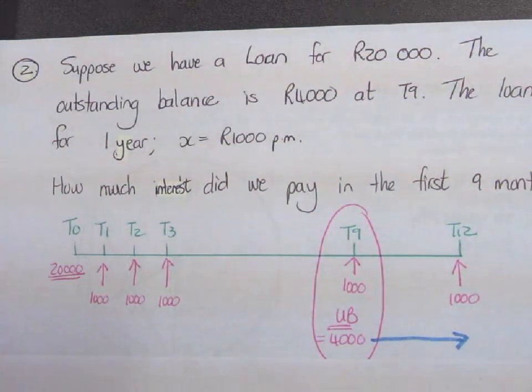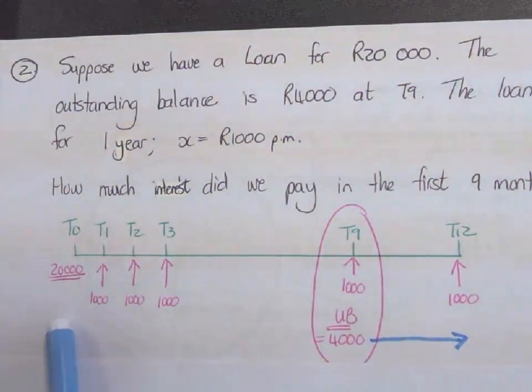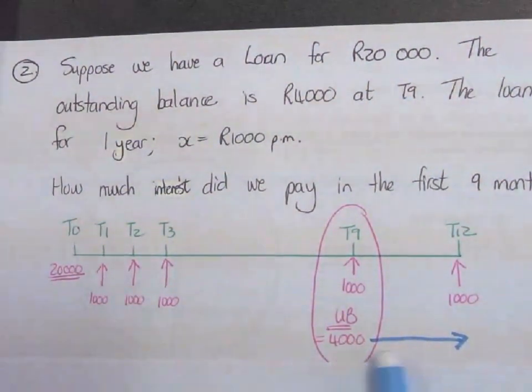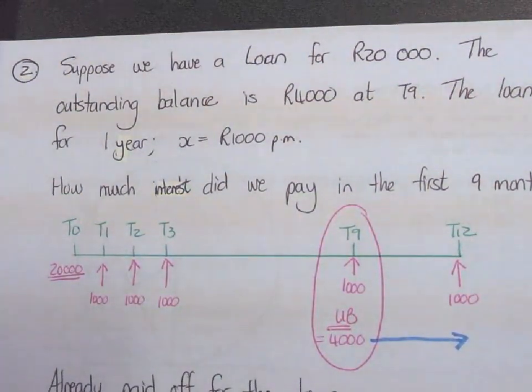You're on the right track. You minus it, and that's going to be your OB. No, OB is 4,000. From 9 till 12, I still owe 4,000. So after you get that, we can put it on the paper first.